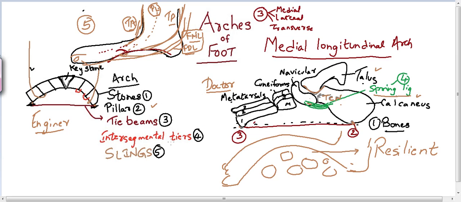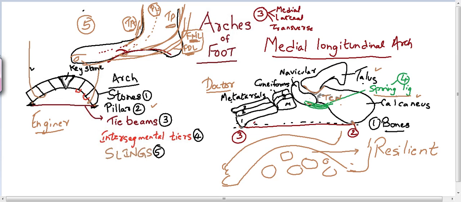Last but not the least is the slings. These are nothing but the muscles which are holding the arch of the foot from above like a sling. The muscles from the posterior compartment of the leg, supplied by the tibial nerve, are tibialis posterior, flexor hallucis longus, flexor digitorum longus.